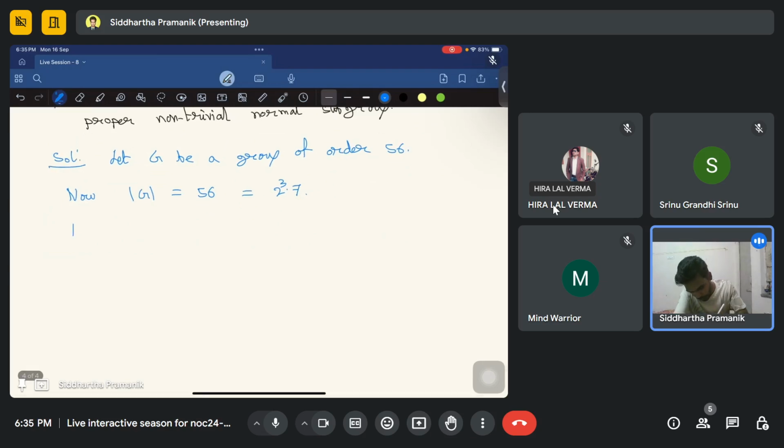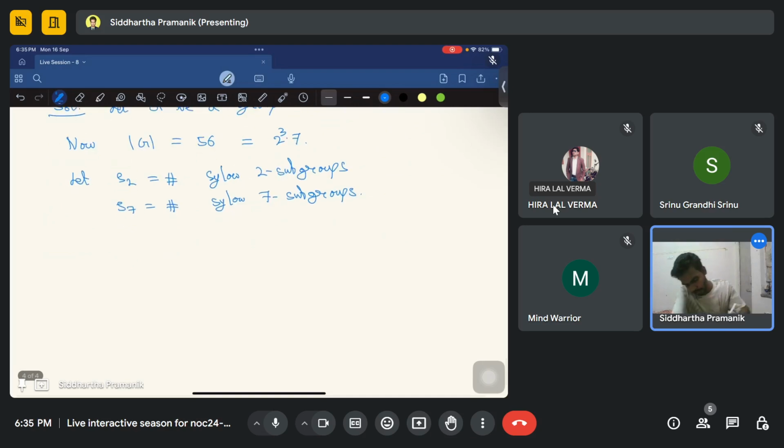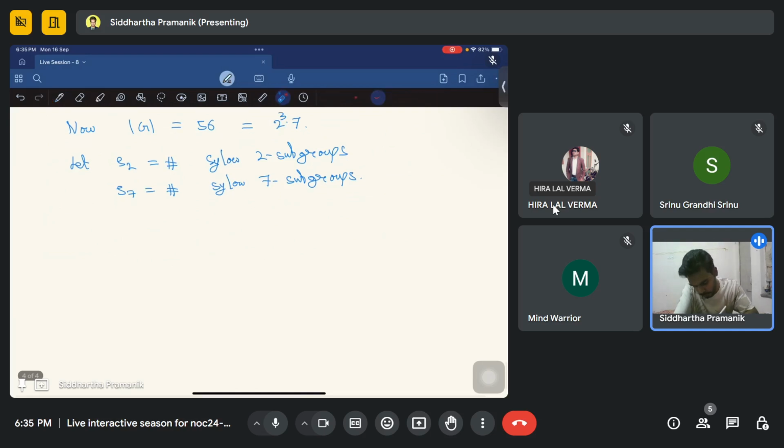So let's try to find the number of Sylow 2 subgroups and the number of Sylow 7 subgroups. Let S2 be the number of Sylow 2 subgroups and S7 be the number of Sylow 7 subgroups. So let's apply Sylow's third theorem to find the possibilities of S2 and S7.